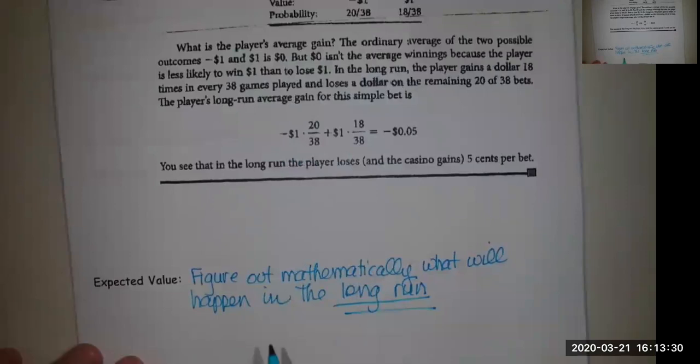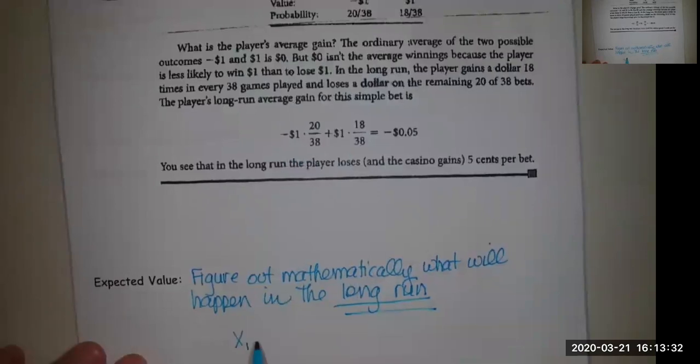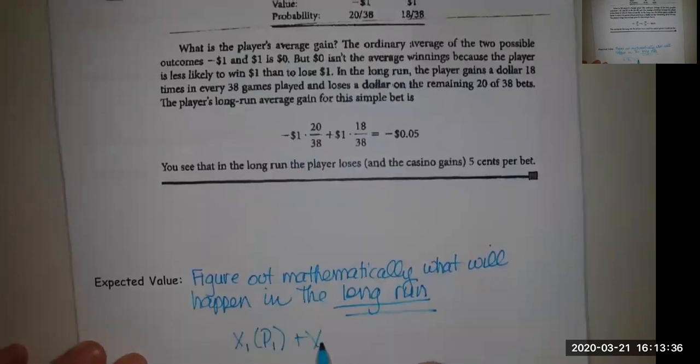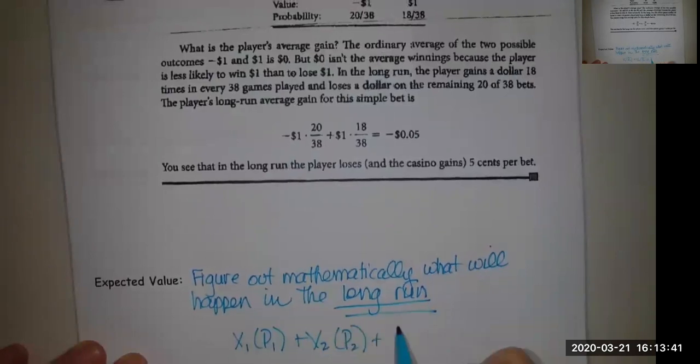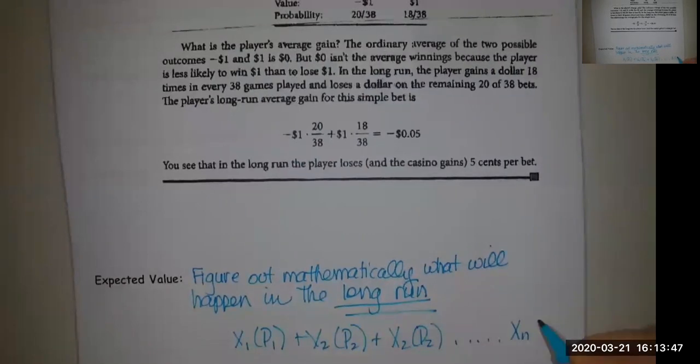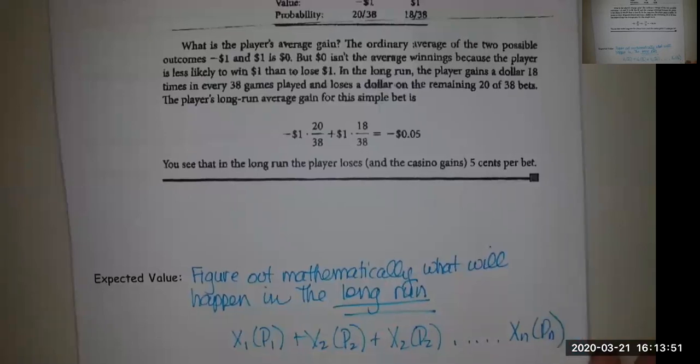Okay, so kind of like the first number times its probability plus the second number times its probability plus the third number times its probability, all the way down till we get to the end. And then we add those up, and that gives us the expected value.